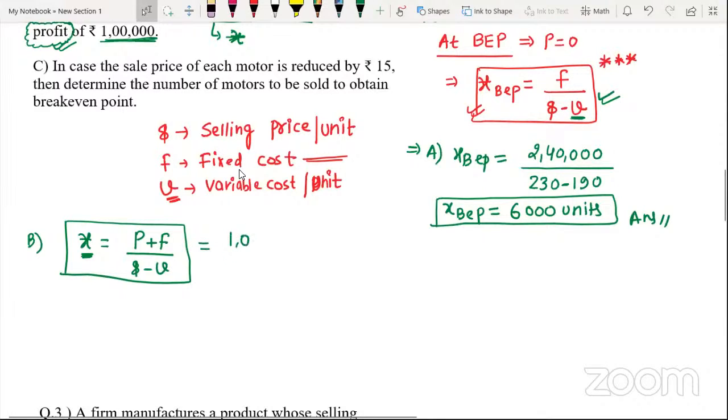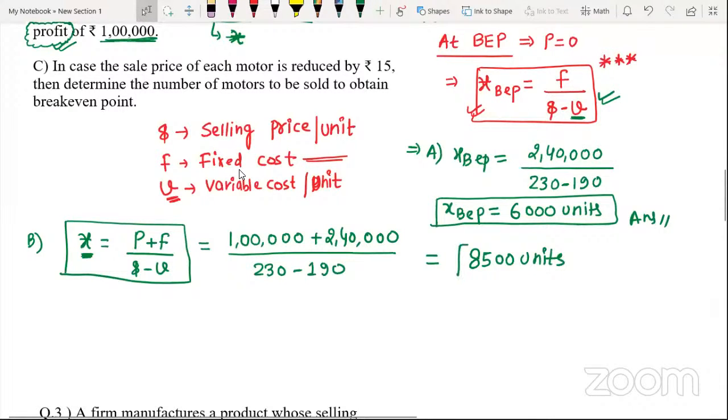They want to make rupees 1 lakh plus the fixed cost of 2,40,000, divided by small s, which is 230 per unit, minus small v, which is 190 per unit. So from here the number of motors they should produce is going to be 8,500 units.